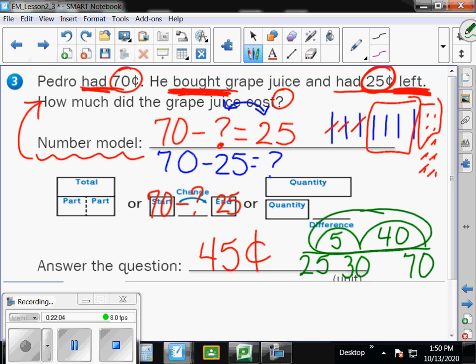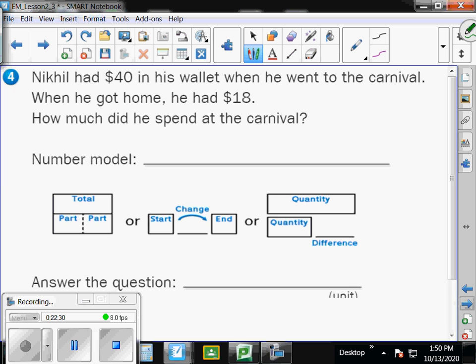Now, how do I know that my answer makes sense? If I would have added 70 and 25, I would have gotten 95 cents. Does it make sense that he spent 95 cents? Well, no, he only had 70 cents to start with, so it doesn't make sense that he would have spent 95 cents. Okay? All right, let's move on to number 4.